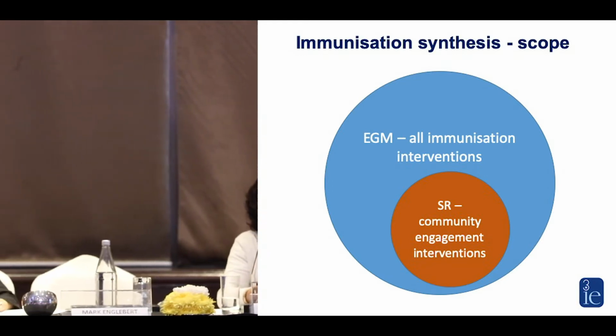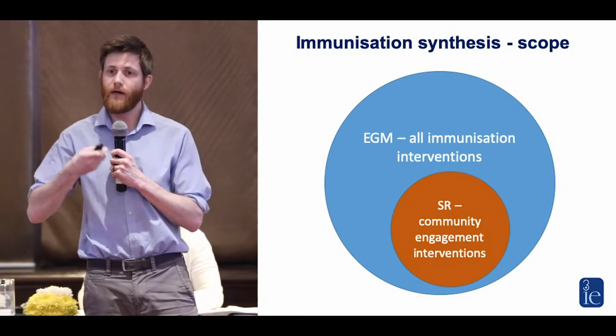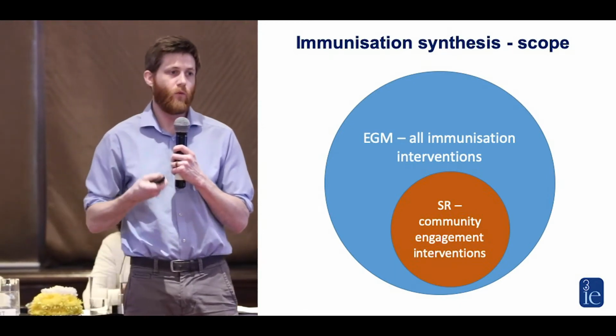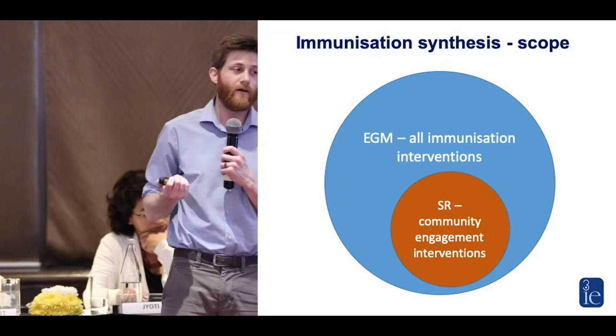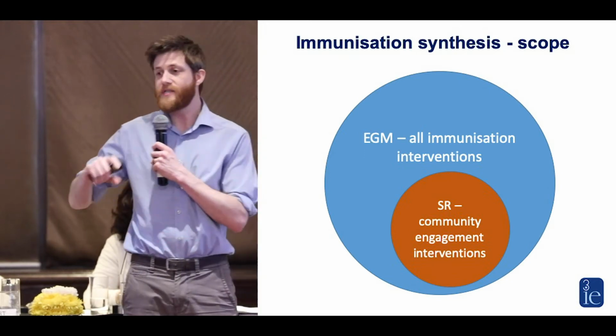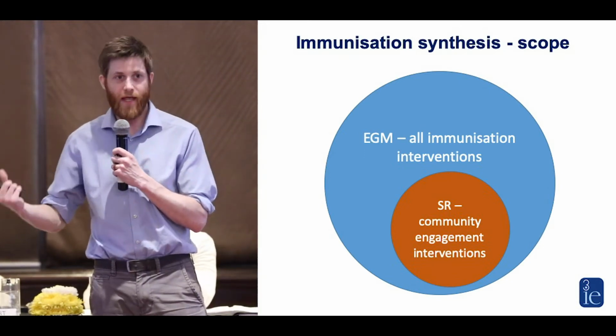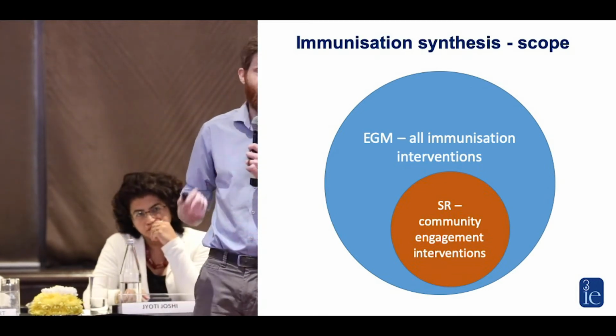We are also conducting in parallel a systematic review, which will do that synthesis and weighting work, where we look at what the evidence says for a subset of the studies that we find for the evidence gap map, specifically those looking at the community engagement interventions that were the focus of the evidence program.